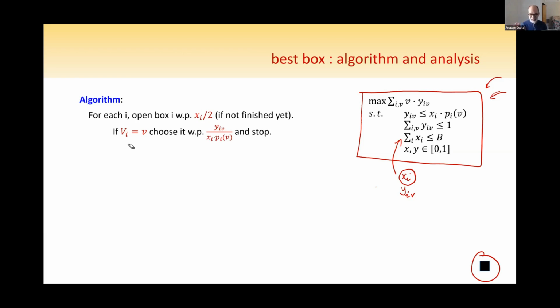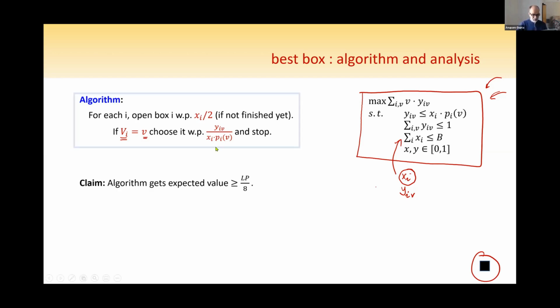So I've changed my notation. If the value of the ith box is equal to little v, choose it with what probability? Yiv divided by xi times piv. And you should really think of this as a conditional probability. Right now it's just a numerical value. Let's run with this, and you'll see why.